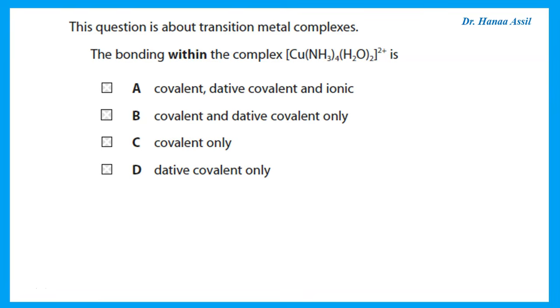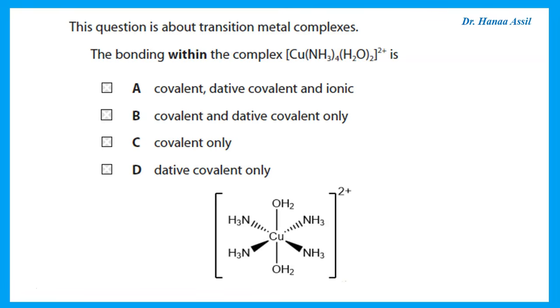So, this is a question. It says the bonding within this complex is what? So, if I have this kind of complex in which the copper is forming dative bonds with 2 water and 4 ammonia, the overall charge, of course, because the copper is 2 plus and the ammonia and water do not have any charge, is again 2 plus. What kind of bonds do we have?